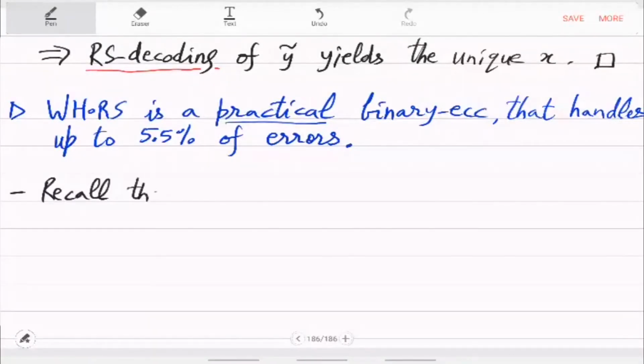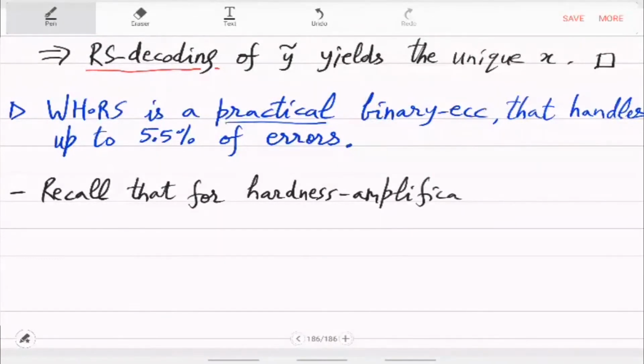So recall that for hardness amplification we need stronger forms of decoding.